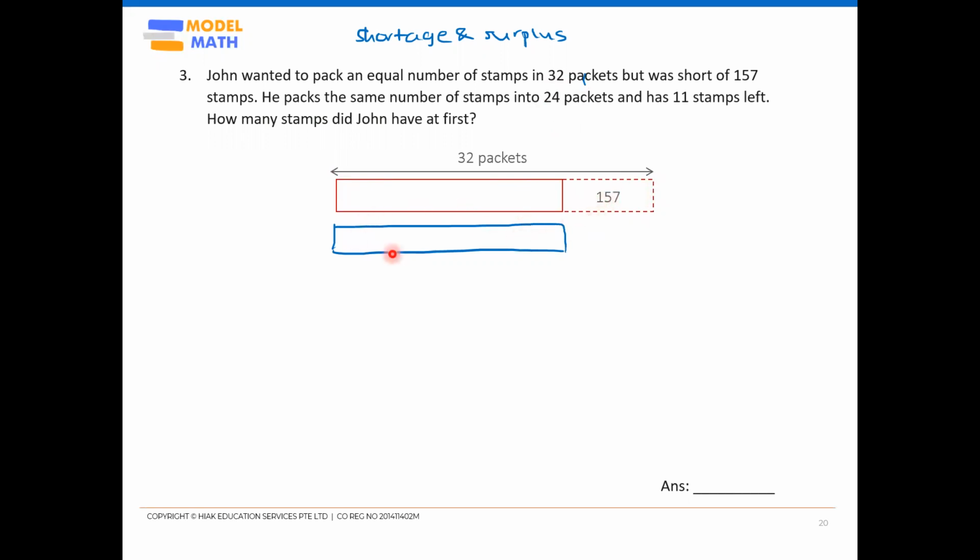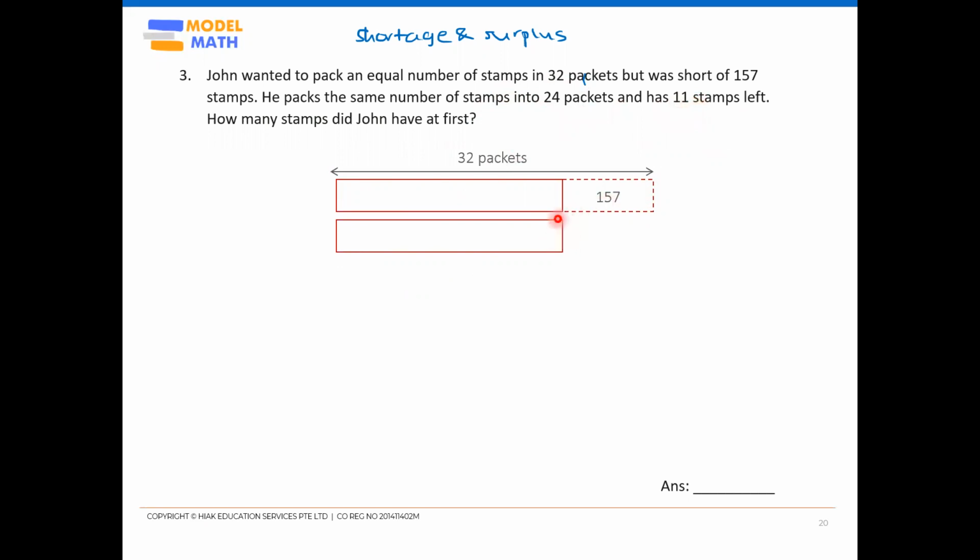Okay, now with the same original total in scenario 2, I'm just going to erase this. With the same total, in the second scenario, when I pack into 24 packets, I have 11 stamps left. If I have 11 stamps left, it means I did not use everything to pack into 24 packets. So again, label the 11 first.